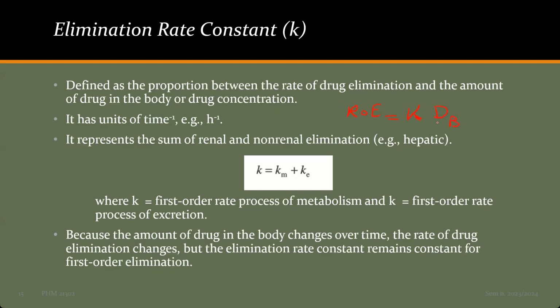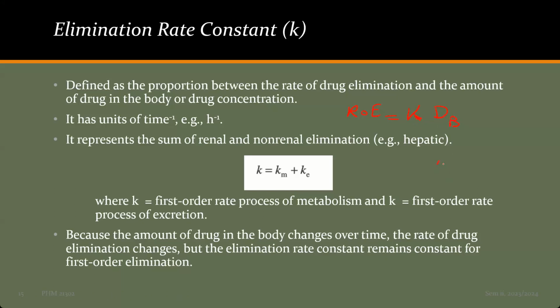This may also be the concentration of drug in the body, but mainly it should be amount of drug, and this is related to the concentration by the volume of distribution, which we explained. So in this simple form, rate of elimination equals K, the elimination rate constant, times amount of drug in the body.